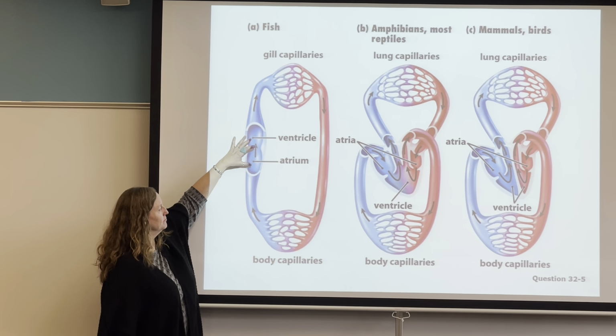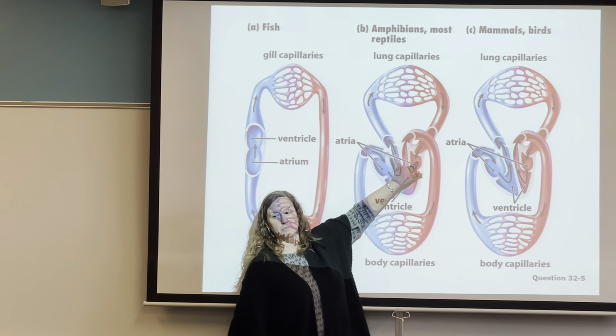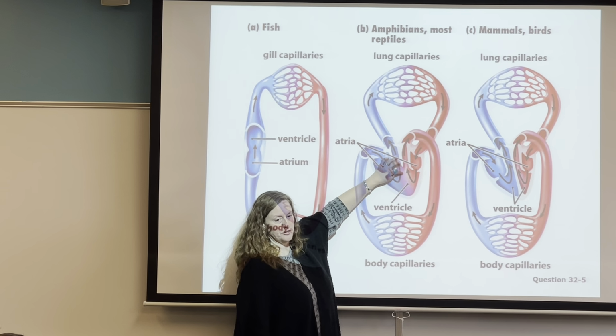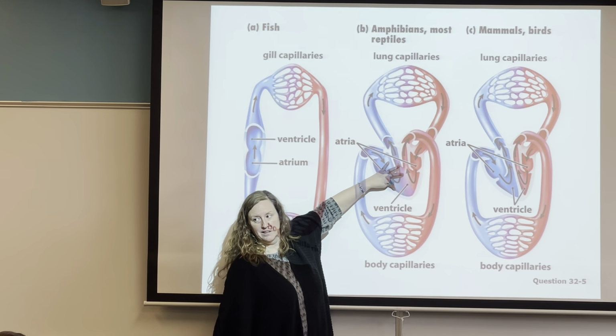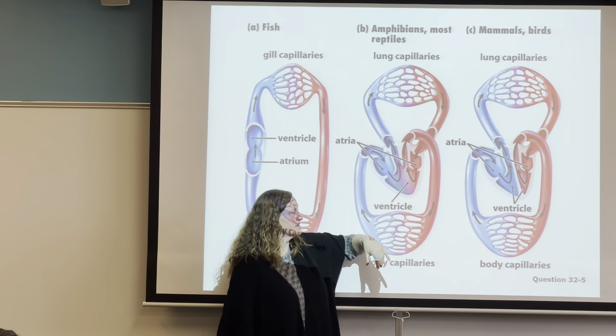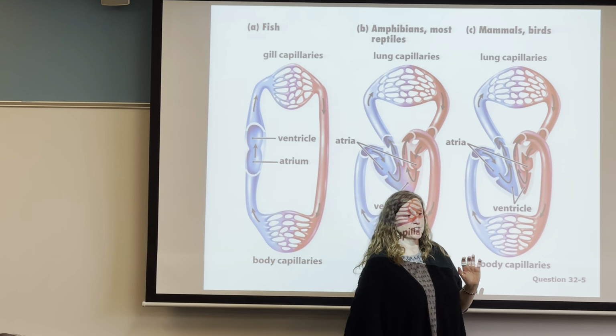So one atrium, one ventricle, then a mutation for two atria, one ventricle. And again, you can see the purple is showing mixing, so there's still blood that is not exclusively deoxygenated or oxygenated, and then you have this really nice complete separation.